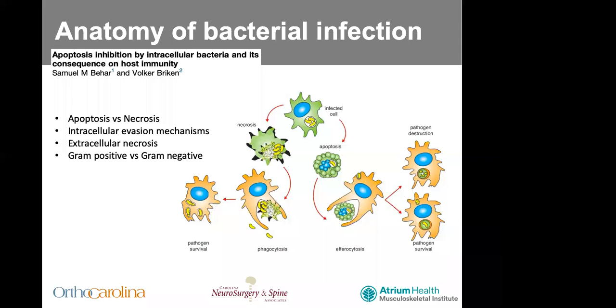For a lot of intracellular bacteria, this allows spread and proliferation within the body. So as we can see here in the diagram, pathogen survival intracellularly here can happen if phagocytosis doesn't happen with apoptosis.